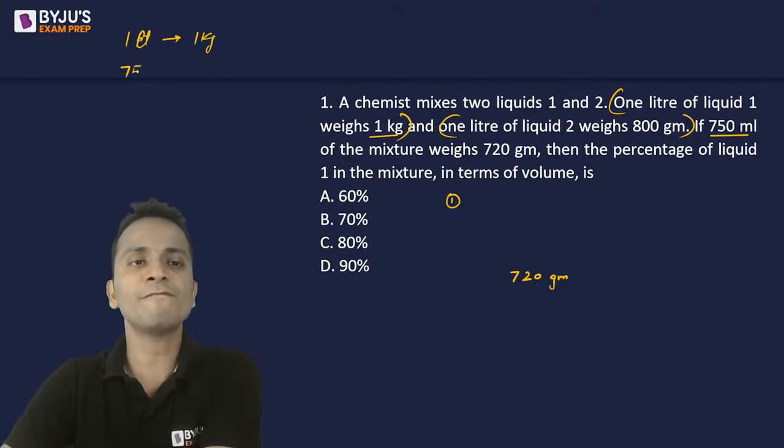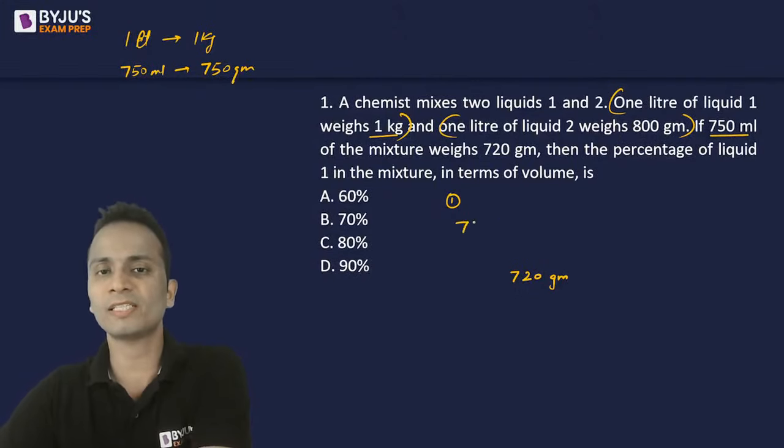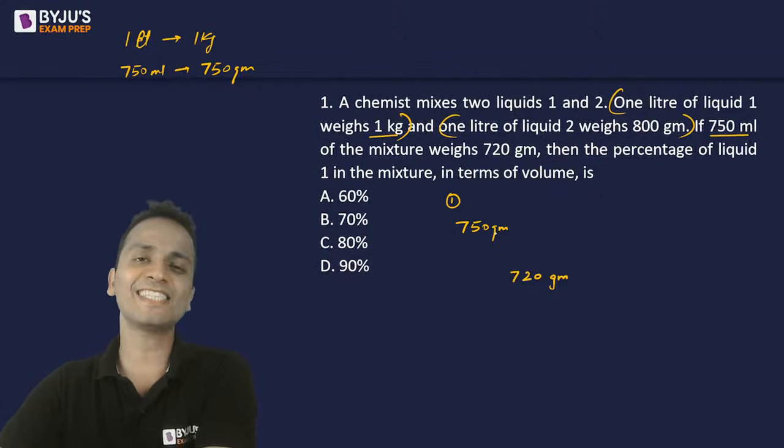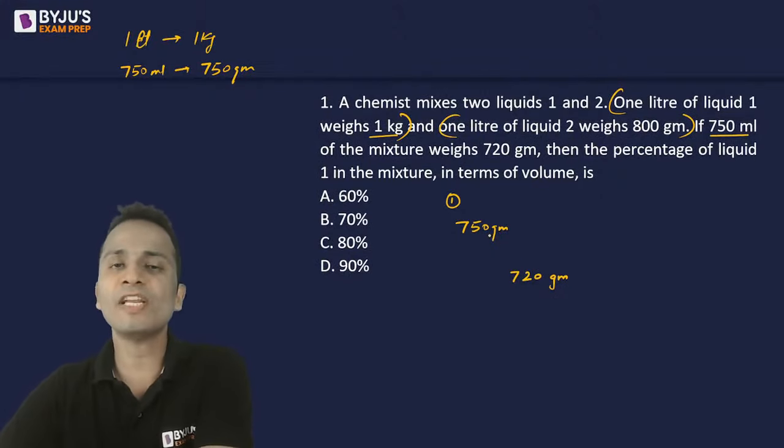So 750 ml of liquid 1 will weigh 750 grams. Okay, so I'll write 750 grams. Basically, I'm applying alligation here on 750 ml of each of these liquids. So 750 grams will be the weight in 750 ml of liquid 1.